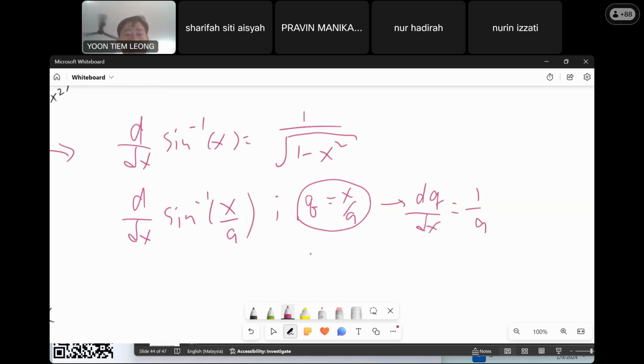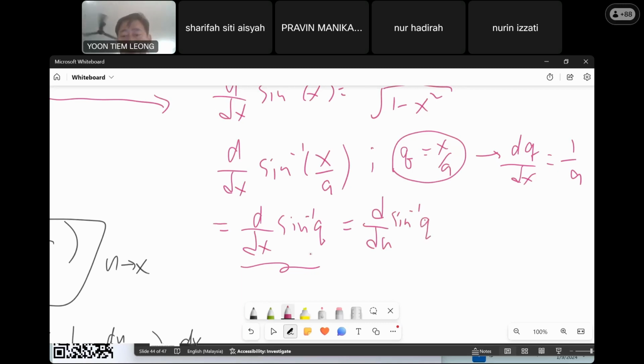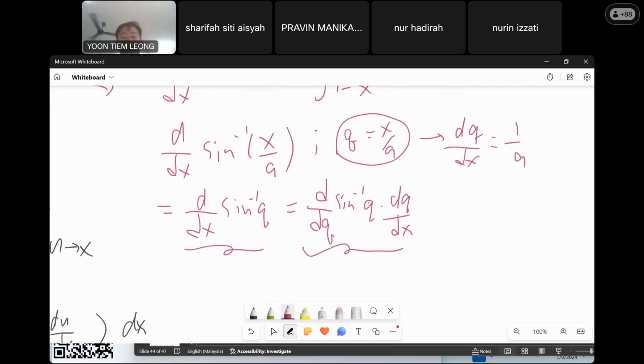Now with this, you perform the differentiation of d dx of arc sine of x over a, which is q. You perform the differentiation of arc sine of q with respect to x by using the chain rule, d dq of arc sine of q, not u. So here this is the x, d dq times dq dx. This is the application of the chain rule.